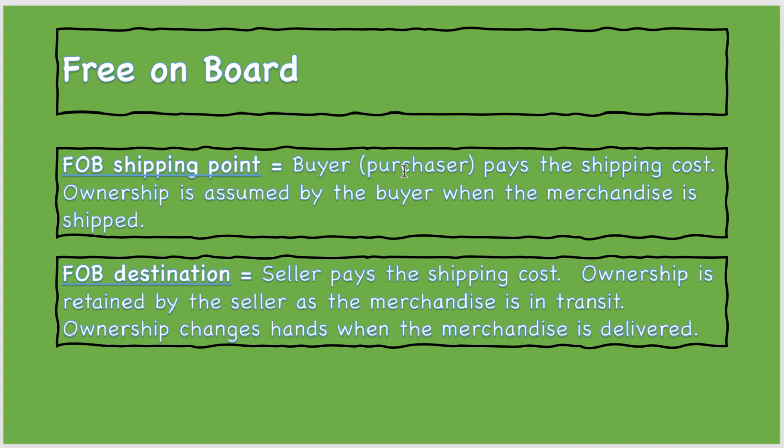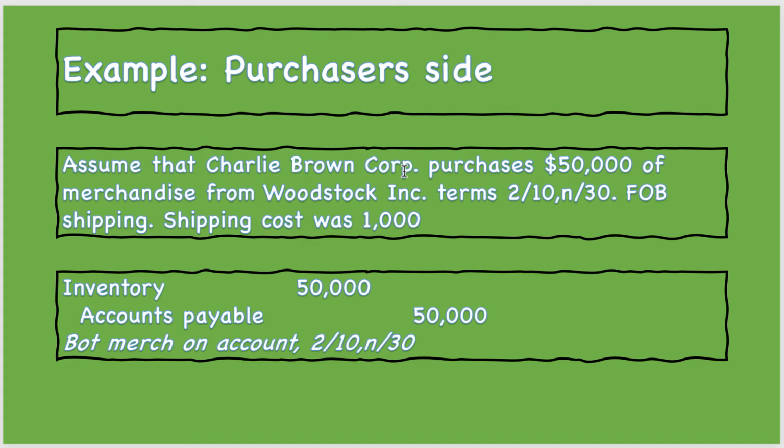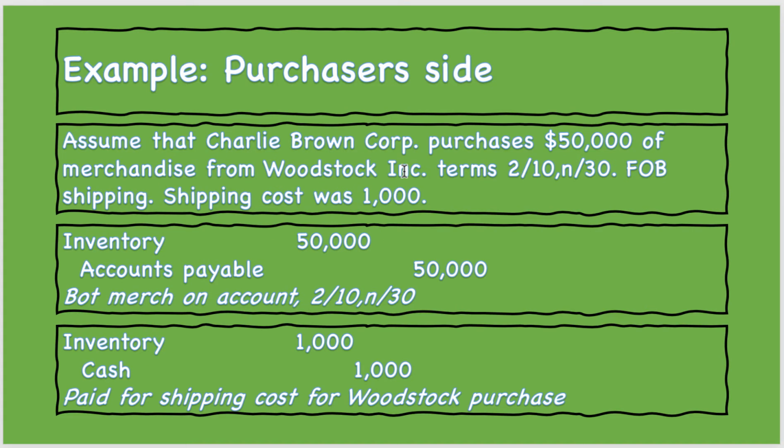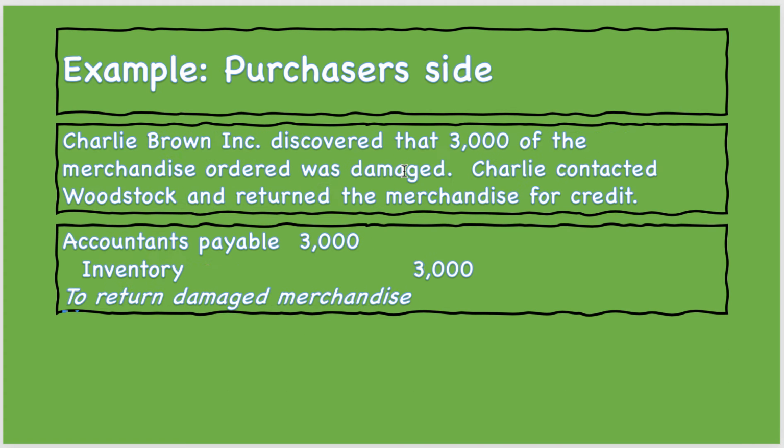I would know what FOB shipping point is and what FOB destination is. I would know the examples of how to book a purchase on account for inventory. Well, it's right there. What do I do with FOB shipping point? How do I account for shipping? If it's FOB shipping point and I'm the buyer, well, I account for that cost of shipping in the inventory. It changes my inventory value.